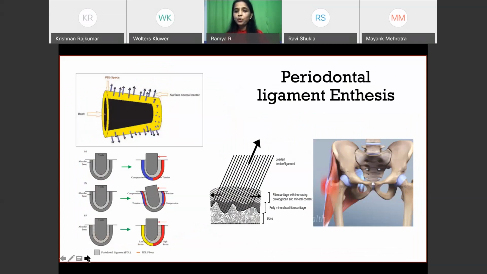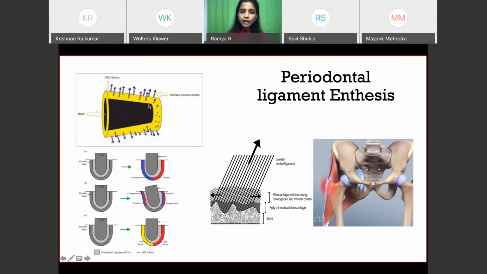Here, I would like to open up another area which would really interest you. Periodontal ligament is also called an enthesis. Enthesis means a junction where you have the hard tissue and the soft tissue and where there is biomechanical loading. If you are able to master this region and find out all the biomechanical perspectives of the periodontium, then you are opening up a larger area, that is orthopedics.